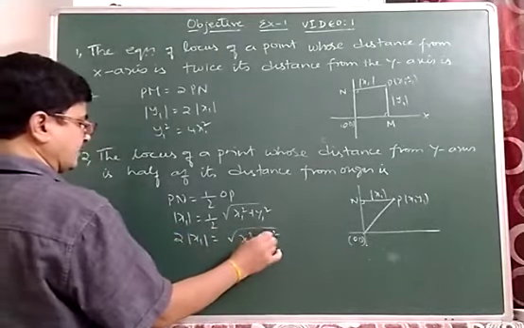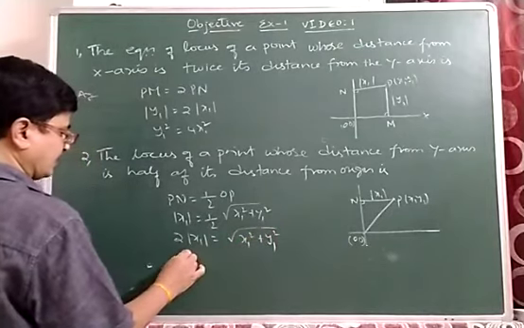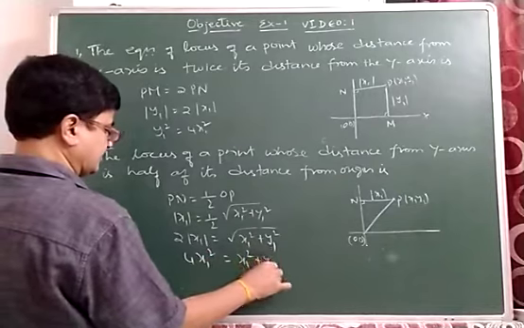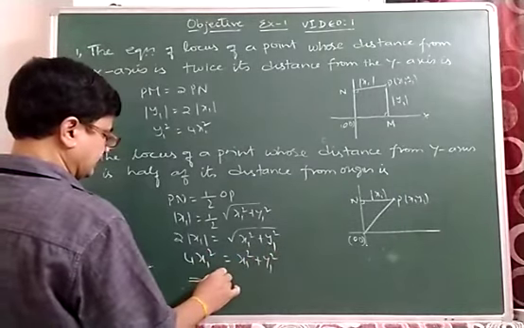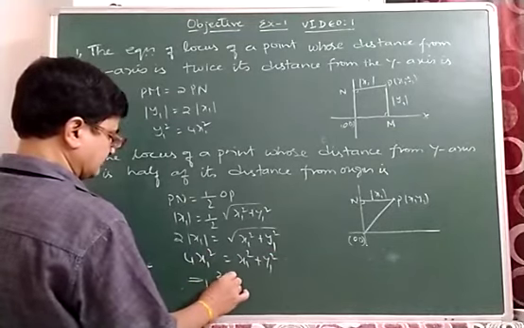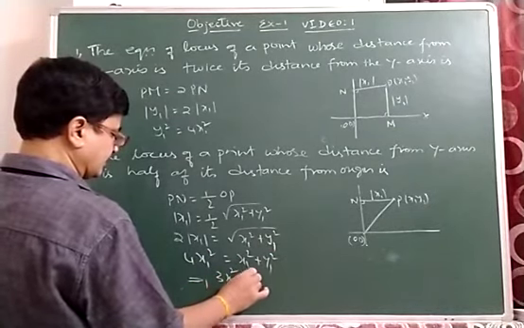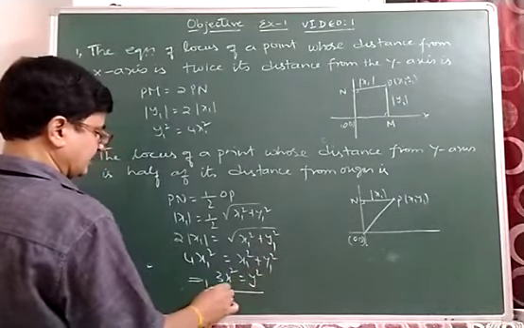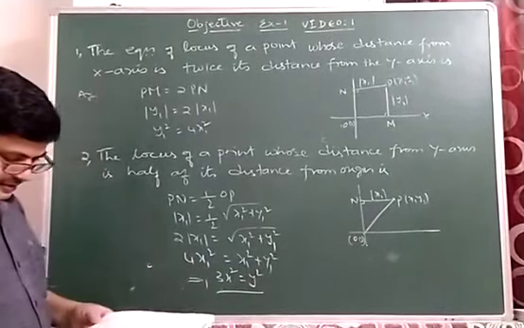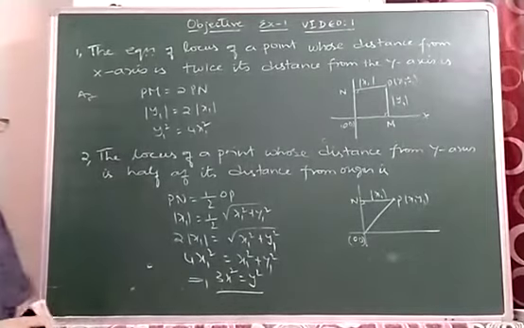Now squaring on both sides, we get 4x1 square is equal to x1 square plus y1 square. So that implies 3x square is equal to y square. This is the required condition. 3x square is equal to y square is the required locus.